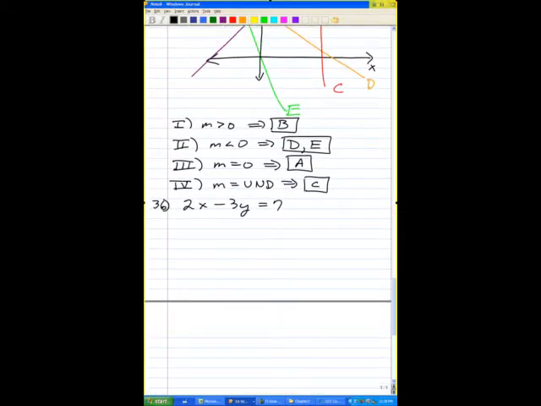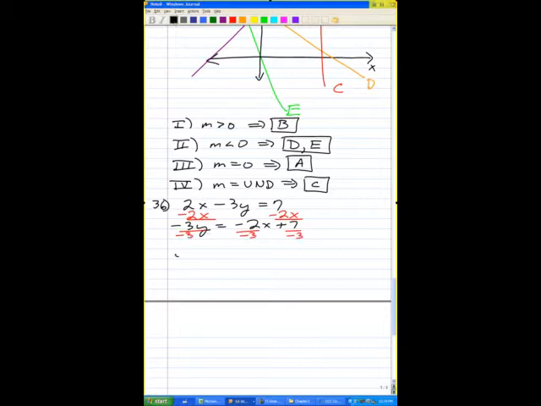So let's solve here for y to figure out the slope. By the addition property of equality, let's subtract 2x from both sides of my equation. So negative 3y equals negative 2x plus 7. Let me divide both sides of my equation by negative 3.